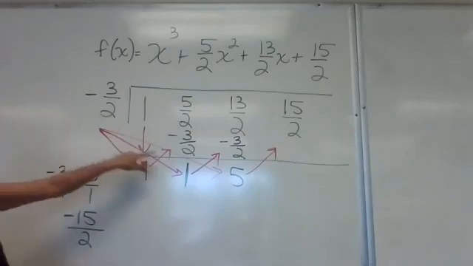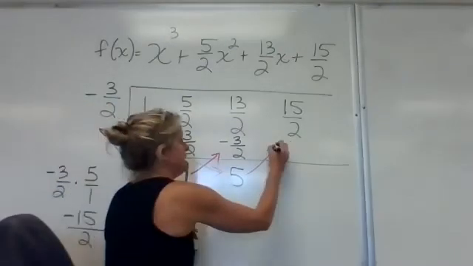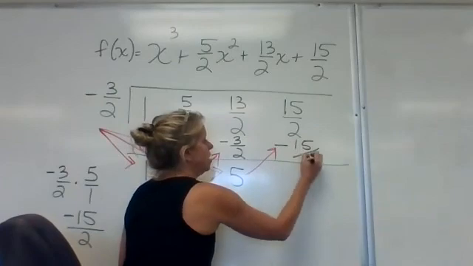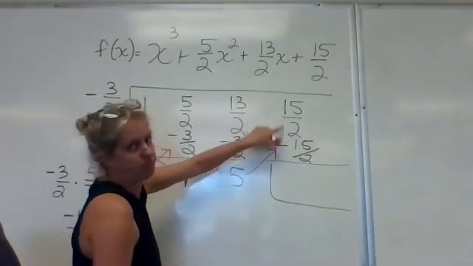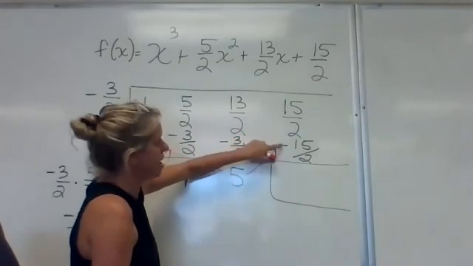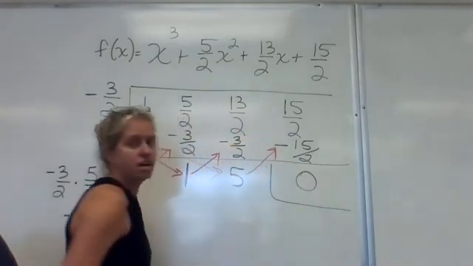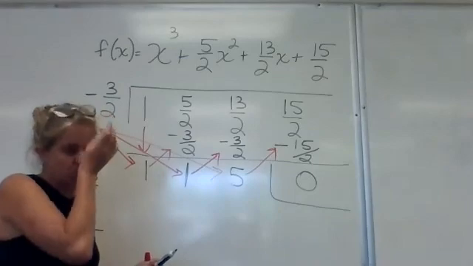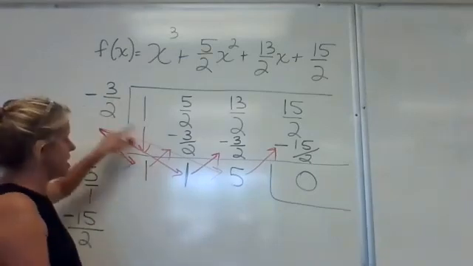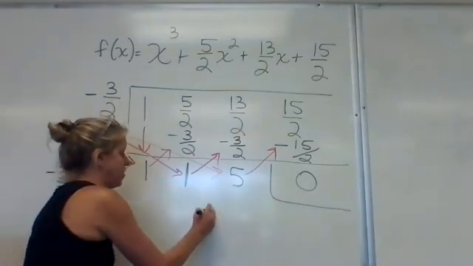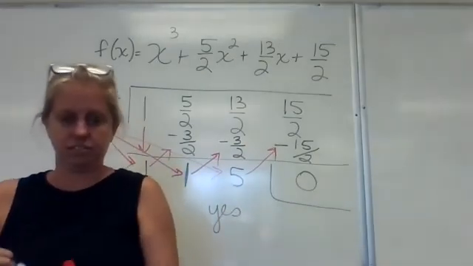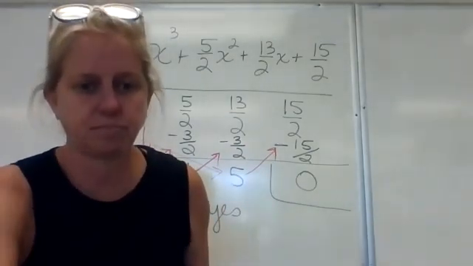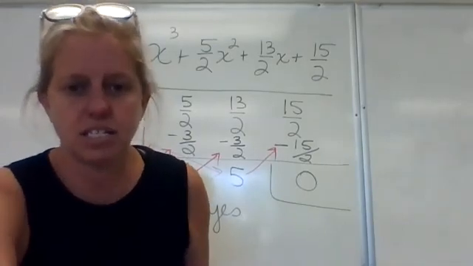So negative 3 halves times 5 gave me negative 15 over 2. So what's that going to leave me with? Positive 15 over 2 minus 15 over 2 leaves me with 0. So is negative 3 halves a 0 of the function? Yes, it is.